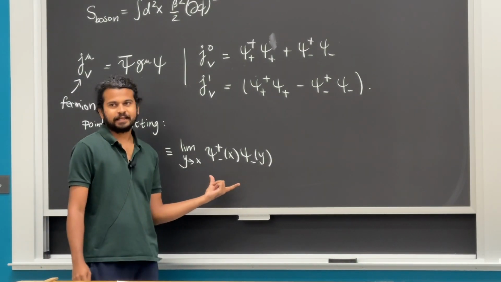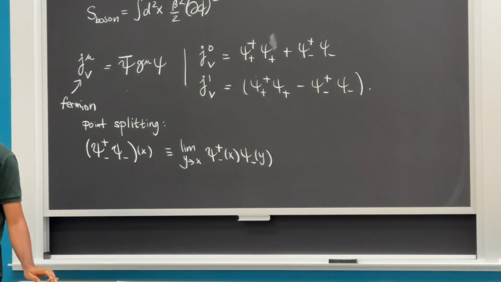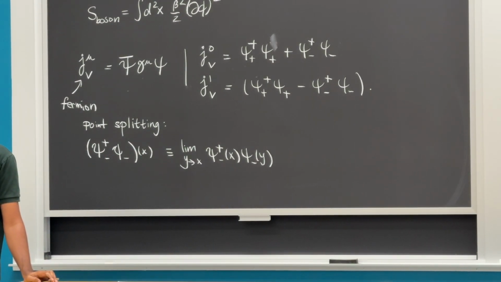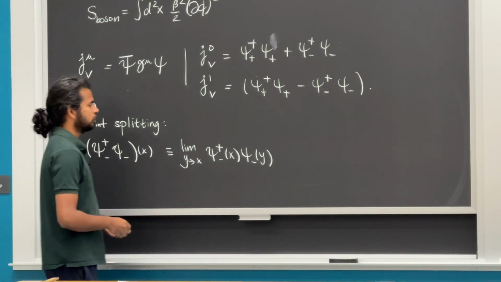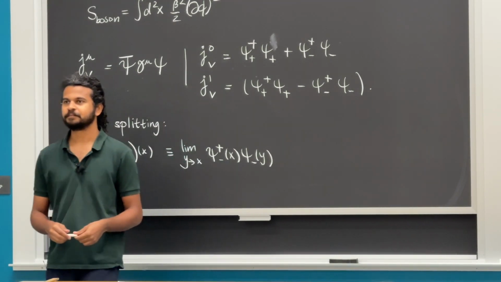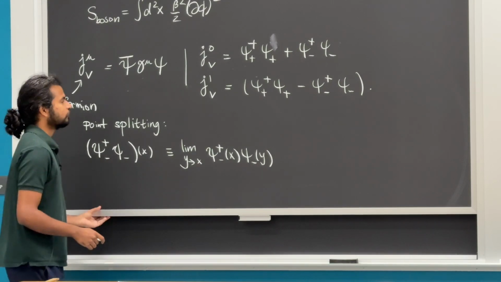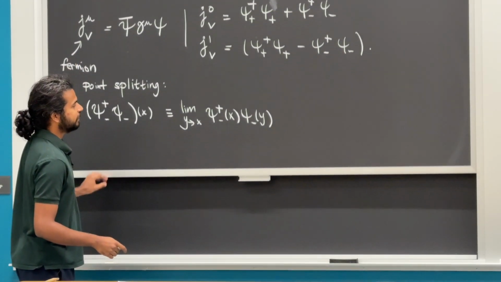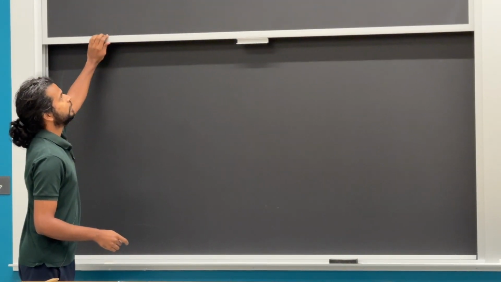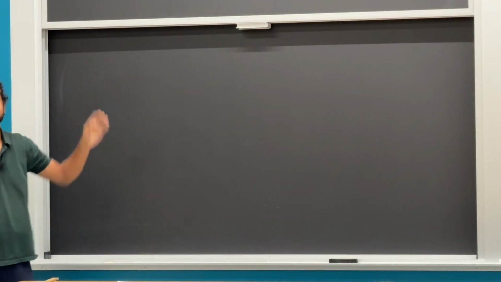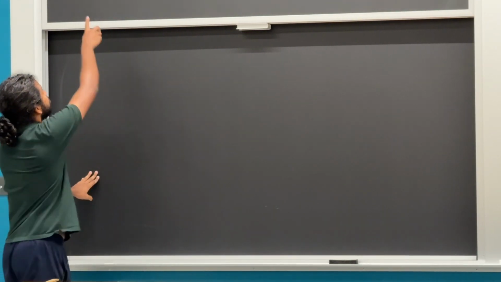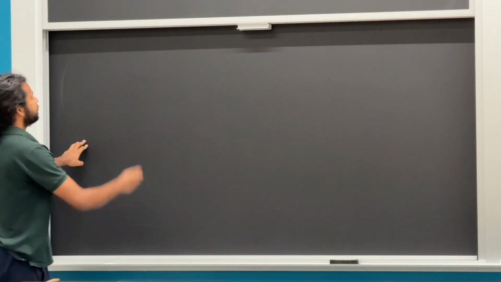Is it a one-sided limit? Does it matter whether y is greater than or less than x, or does it work in either order? I think it doesn't matter. So we will see in the end that if we did not do this, we will just get infinity for this composite operator. So let's do that.